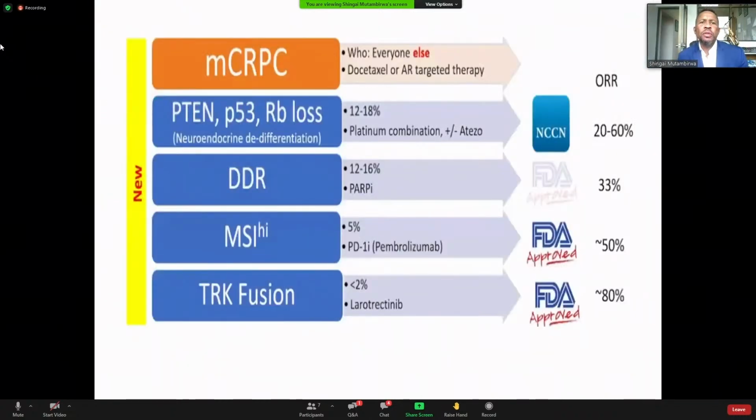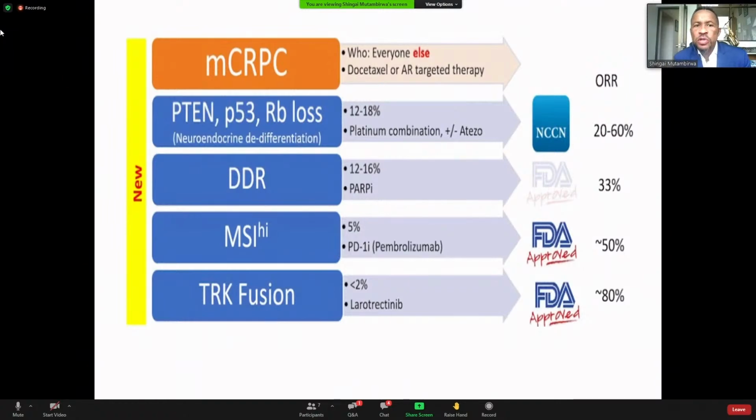For example, with metastatic castrate-resistant prostate cancer, PTEN loss, P53 loss, and RB loss may be indicative of response to platinum chemotherapy, combination carboplatin or cisplatin, and ipatasertib, which is an AKT inhibitor, which was recently published in the phase 1/2 trial, and can lead to significant improvements in overall response rates.